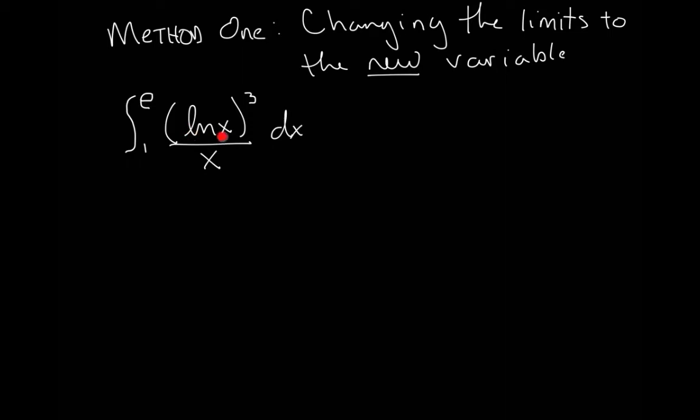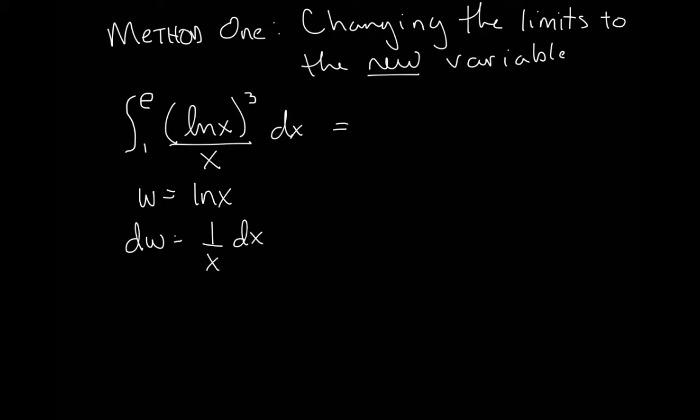So natural log is inside the cubing function, and its derivative 1 over x, and I can imagine a 1 in the numerator, over x, shows that I have the inside function and its derivative in the same integrand. So it's a perfect candidate for substitution. So why don't we use that? Well, w is going to equal the natural log of x, and then dw will equal 1 over x dx.